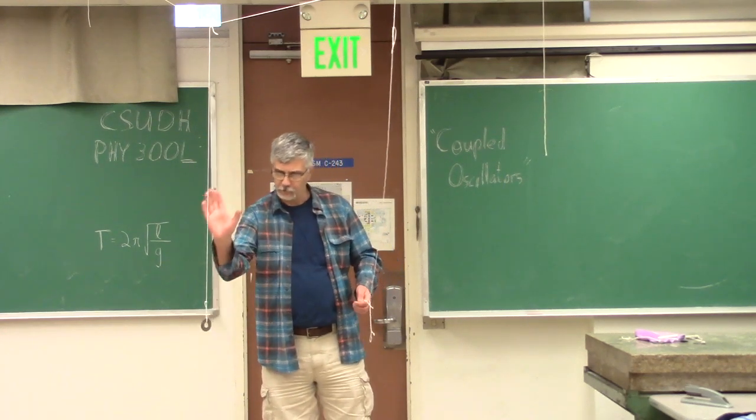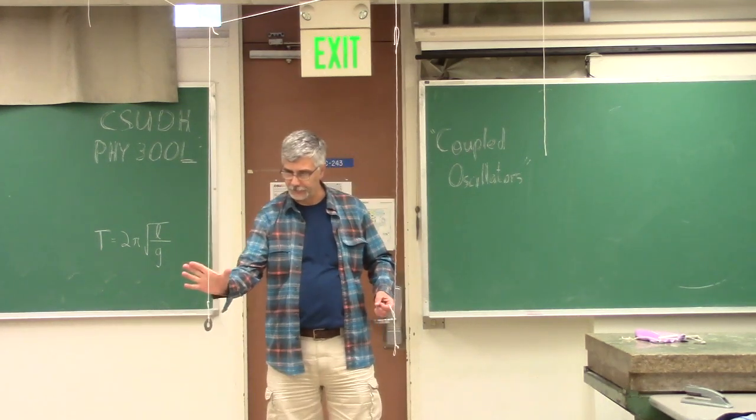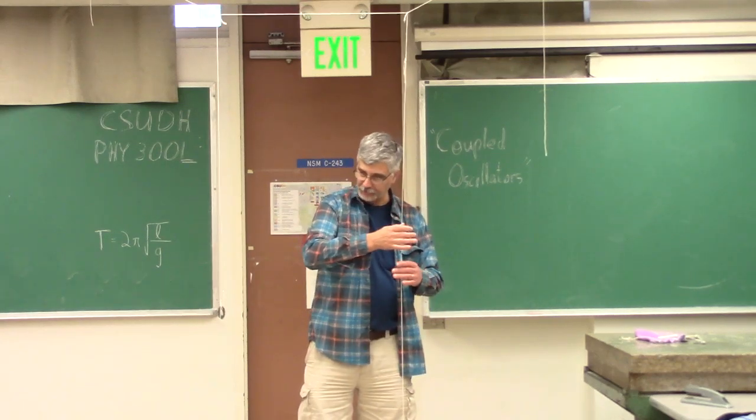So, on my right hand is the pendulum I'm going to be watching to see what it does. And the one on the left, right now, is a much longer pendulum.